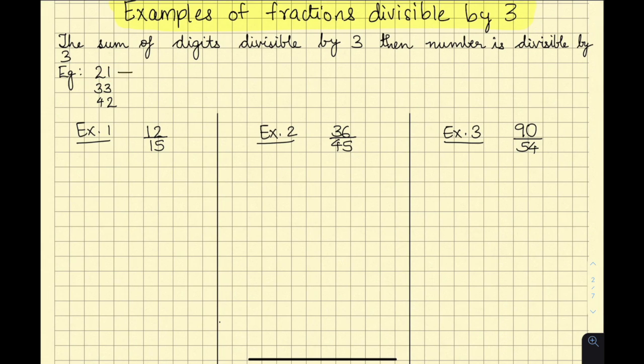Let us add the digits 2 and 1. You get 3. Now 3 is divisible by 3, and hence 21 is also divisible by 3.